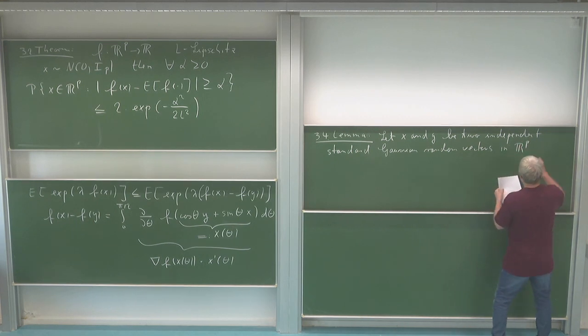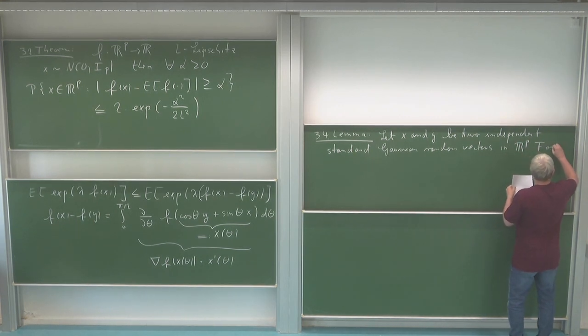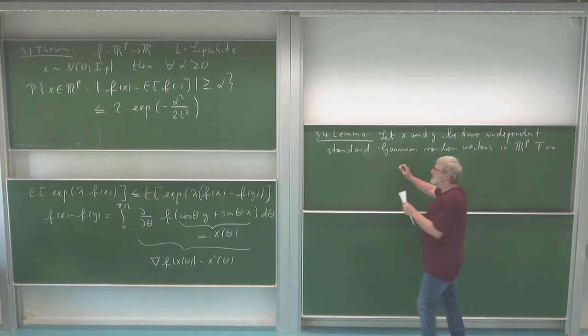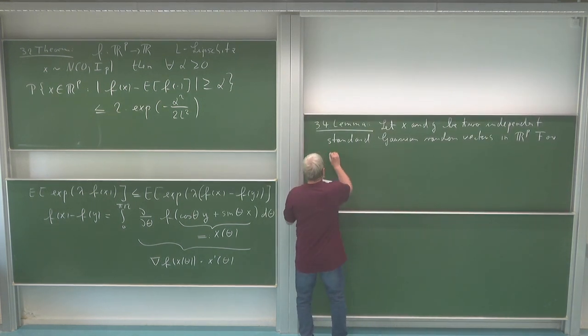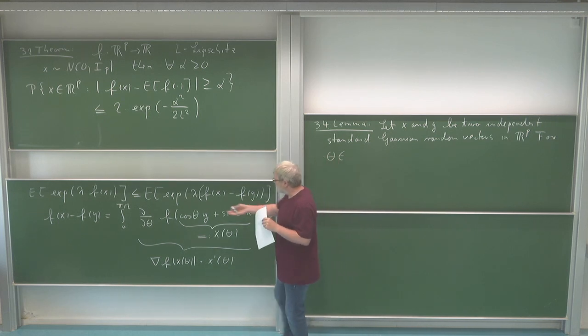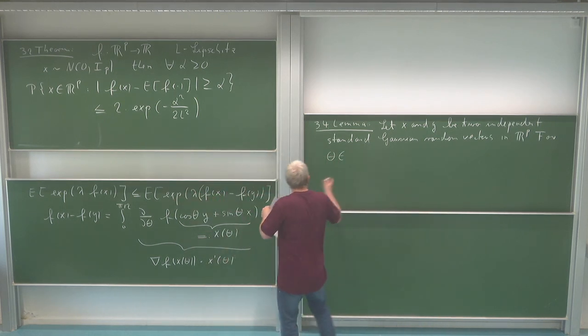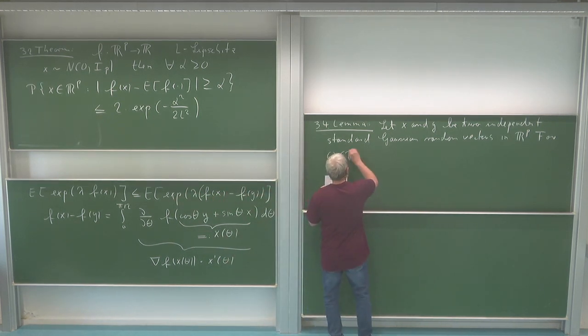And then I take those linear combinations for any theta. So for theta, in principle I'm running between 0 and pi over 2, but of course I can take any theta in R.